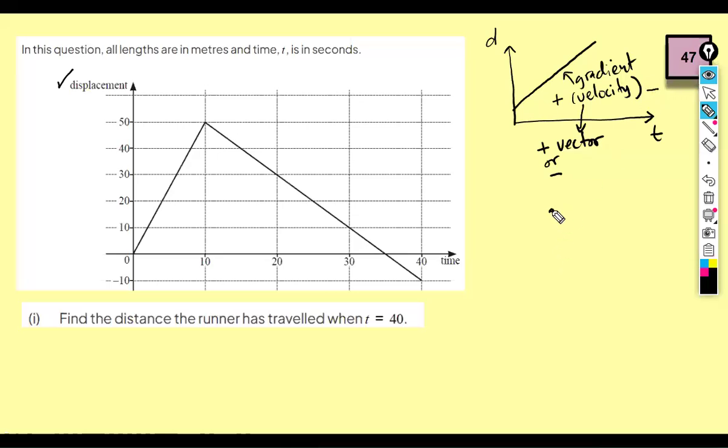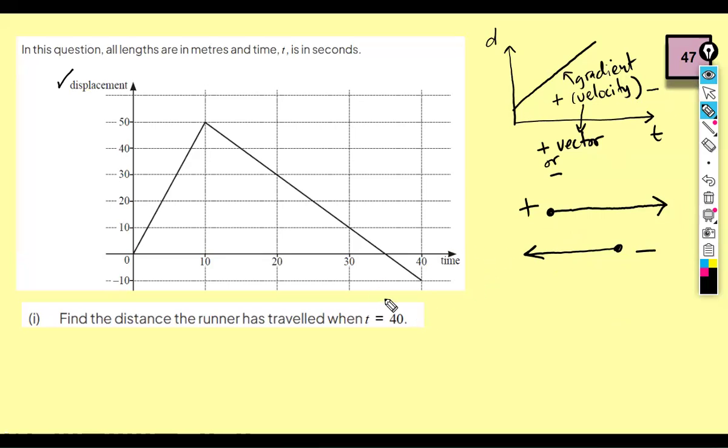A positive velocity means the object is traveling in one direction, but if the velocity becomes negative, that means it's traveling in the opposite direction. So positive and negative velocity could indicate the direction of the object.